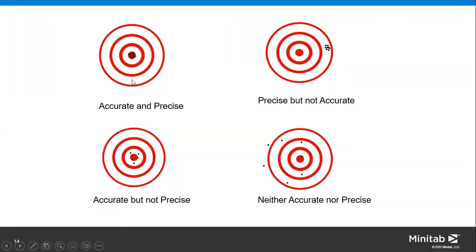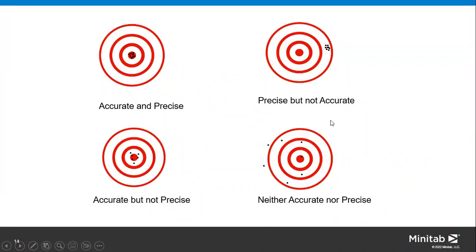You can see where the device is having problems and how to adjust it if needed. We want this one, accurate and precise. Maybe during the experiment, your device, your gauge, or your operator may be like this one, precise but not accurate. This one is accurate but not precise. And this one is neither accurate nor precise. So we want accurate and precise.